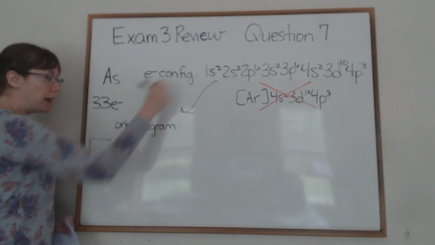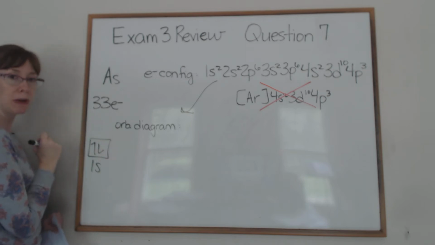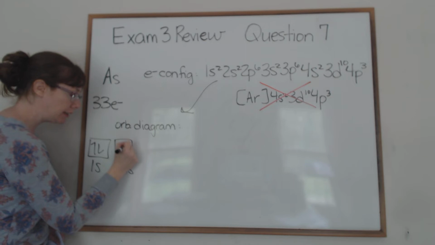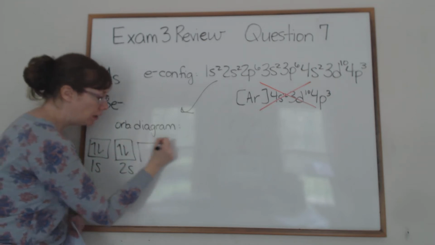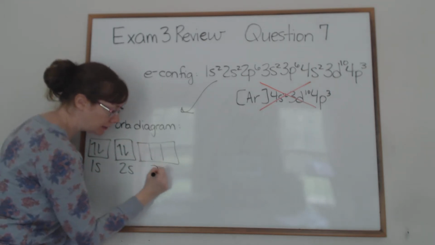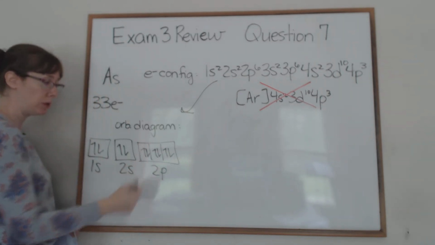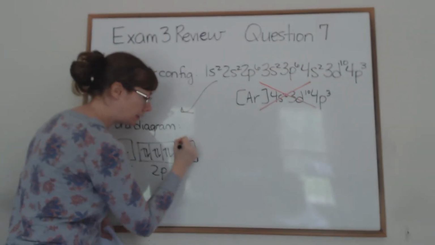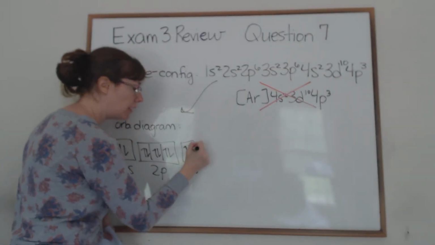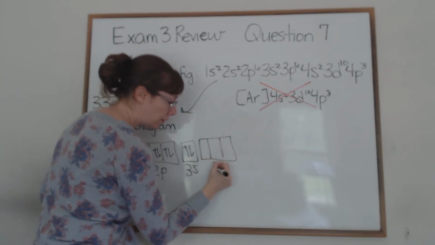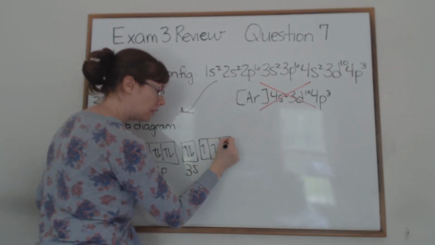The 1s has 2 electrons in it, spin up, spin down, because of the Pauli exclusion principle. Same with the 2s. The 2p6, fill up singly with parallel spins before you double up. 3s. I'm just turning this electron configuration into an orbital diagram.